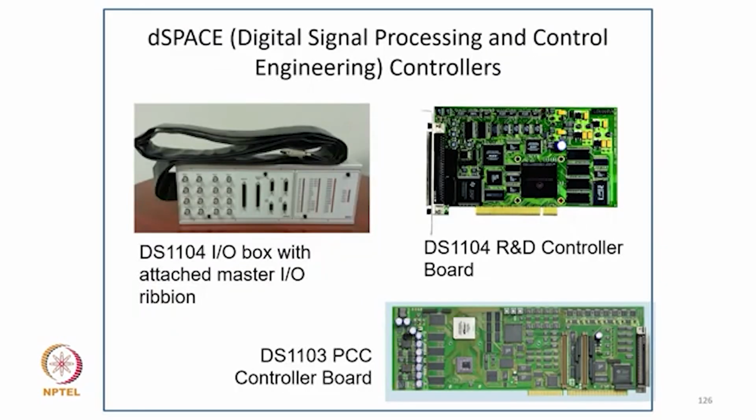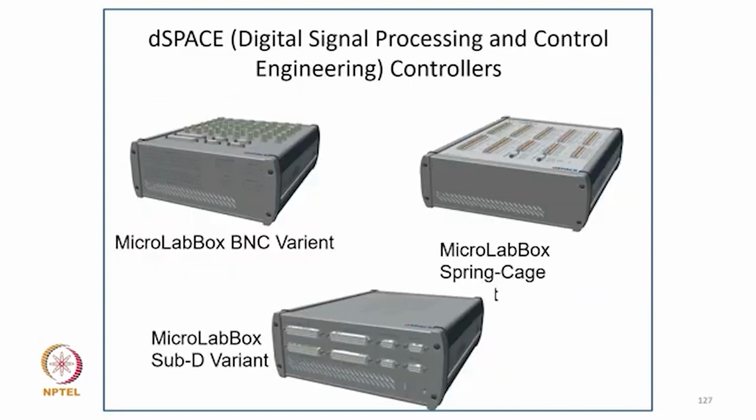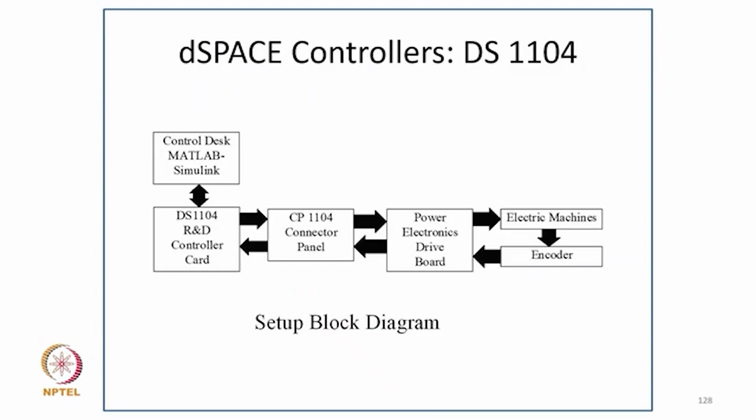These are typically DSP, digital signal processing and control engineering controllers, starting with the DS1104 input output box with attached master input output ribbon, as you can see in the figure here, and then the DS1104 R&D controller board and DS1103 PPC controller board, then MicroLabBox BNC variants, MicroLabBox spring cage and MicroLabBox Sub-D variant.